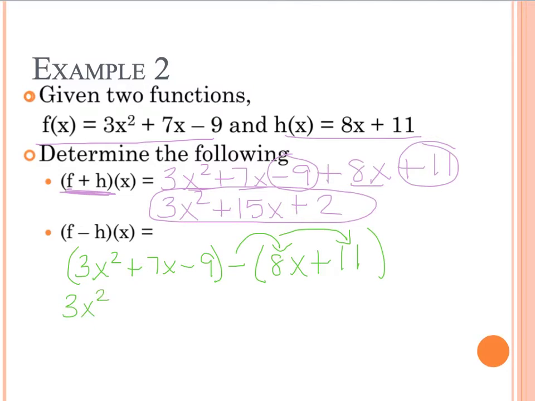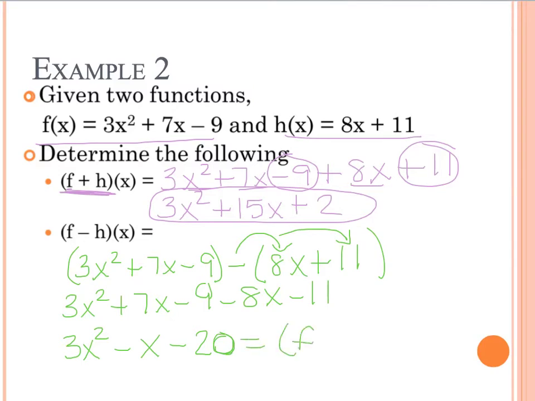So 3x squared plus 7x minus 9. Once I do that, I can get rid of the parentheses. Minus 8x minus 11. Okay. Combine like terms. 3x squared minus x minus 20. And that's f minus h of x.